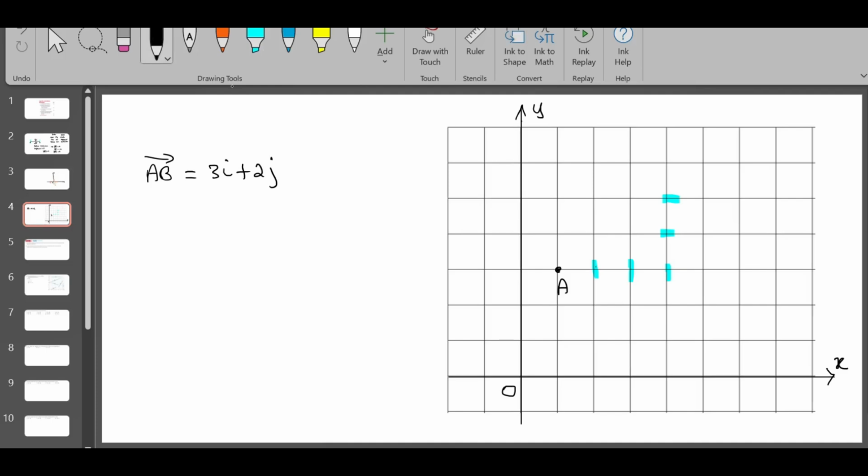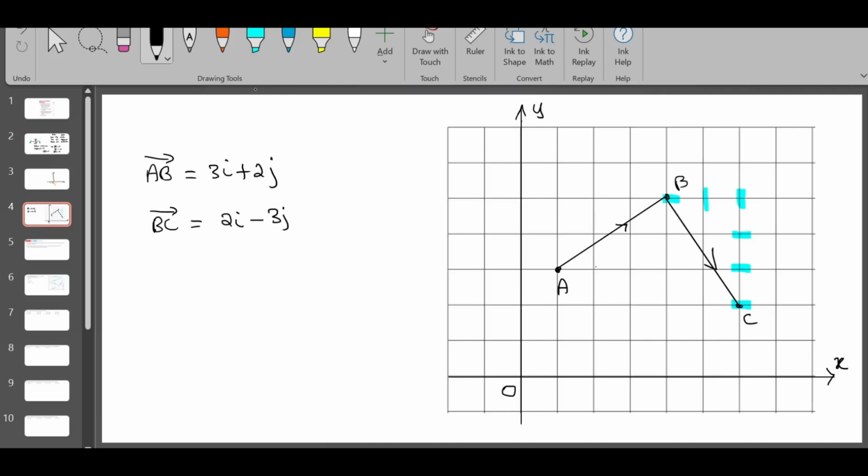So this is going to be AB vector. Let's say from B, BC vector is 2i minus 3j. So from B, you need to go 2 units to the right side, 3 units downwards because minus 3, 1, 2, 3. That's going to be the BC vector.